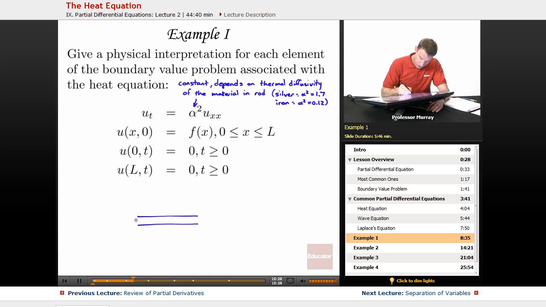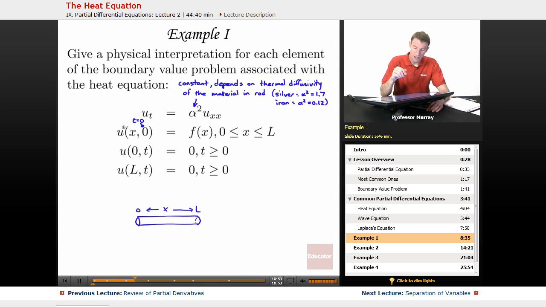Now let's look at these other conditions, the initial conditions and the boundary conditions. So let me draw a rod here. You want to think of x going from 0 on the left-hand side to L on the right-hand side. Now, u of x,0, that means we've plugged in 0 for t, is equal to f of x.